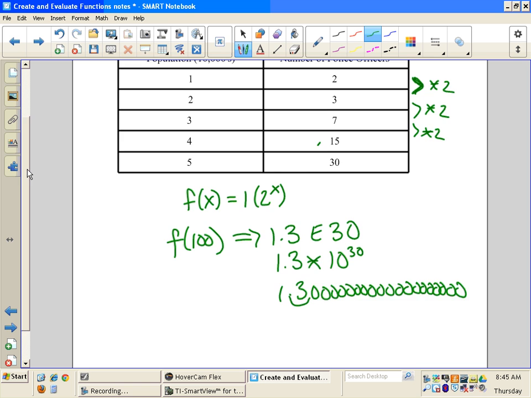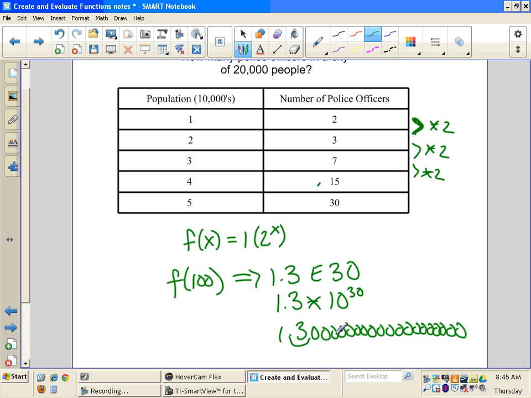So that doesn't make a lot of sense, because we probably don't even have that many. Well, we don't have that many people even in our world. So this is a situation where we started to model a situation with a function that we thought made sense, doubling. As your population increases, the number of police officers you need doubles.